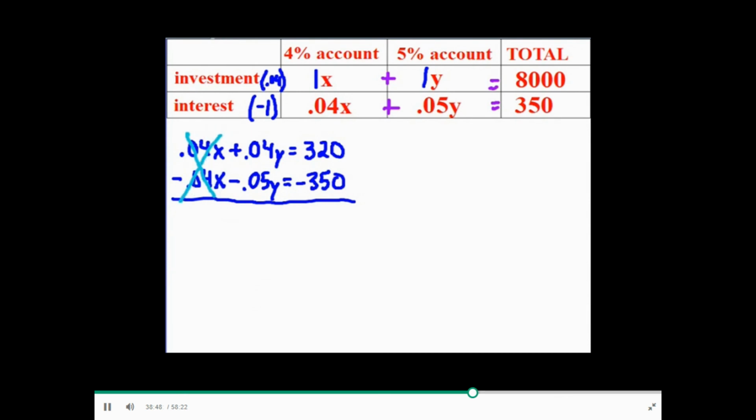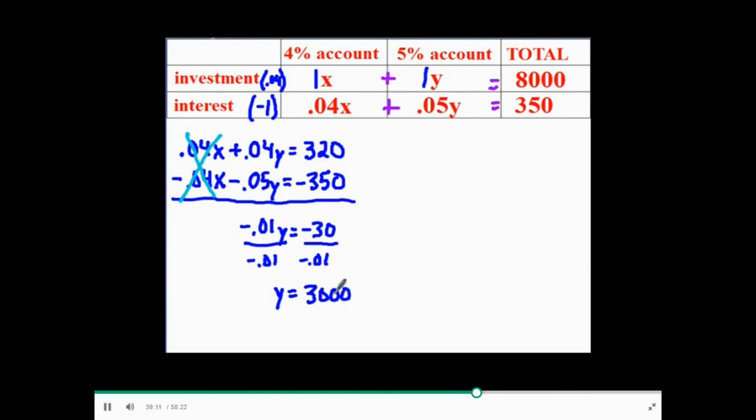Those do indeed cancel. Going straight down, this gives me negative 0.01y and negative 30. I divide both sides by negative 0.01 because I don't like them touching each other. And when I do that, I get 3,000.